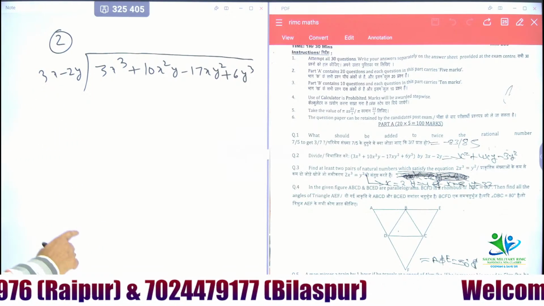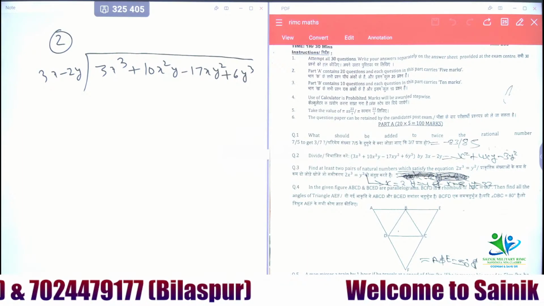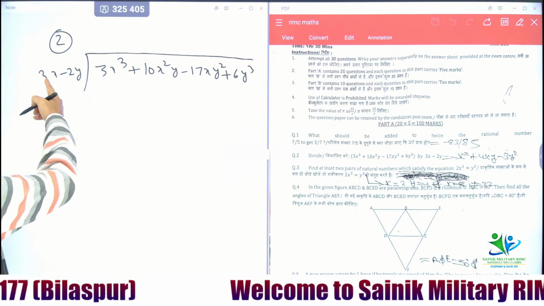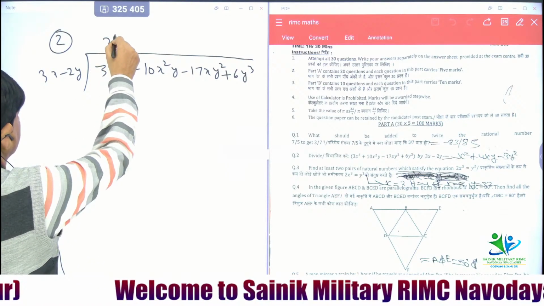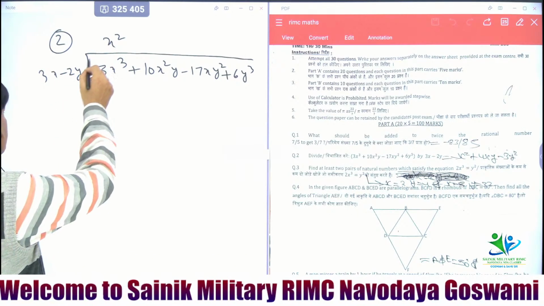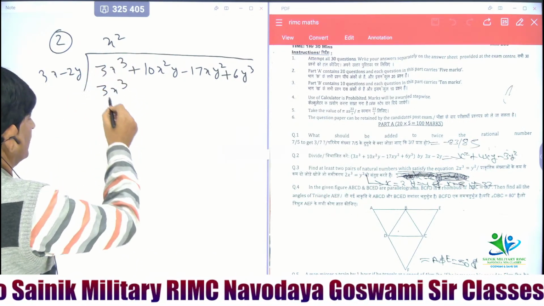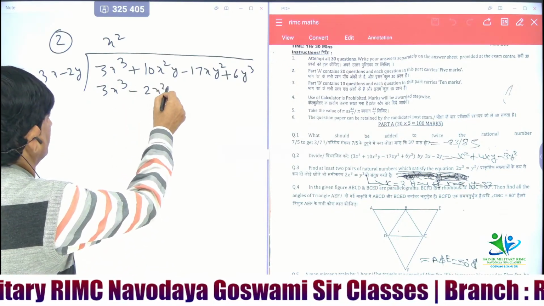So you take the first term in the quotient such that the first term should be cancelled. Here is 3x and here is 3x cube. That means you have to take x square. If you take x square, then you get here 3x cube, and x square multiplied by 2y, you get minus 2x square y.